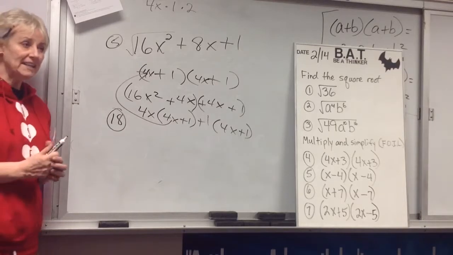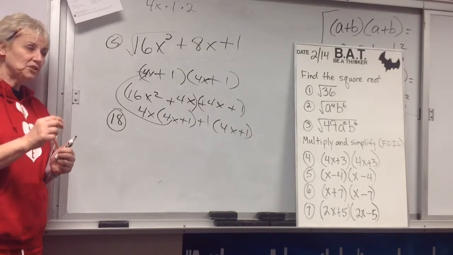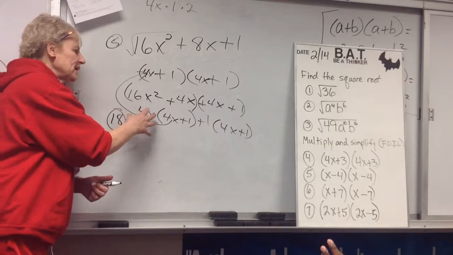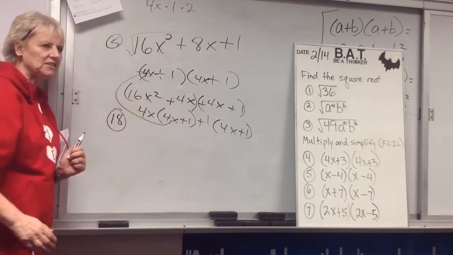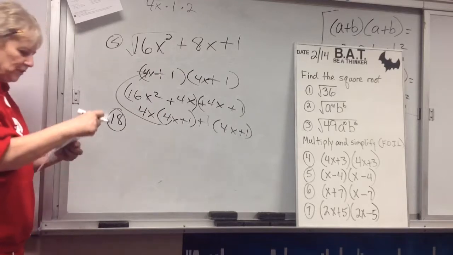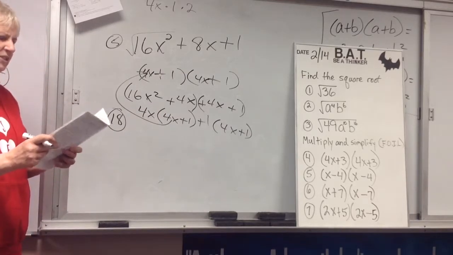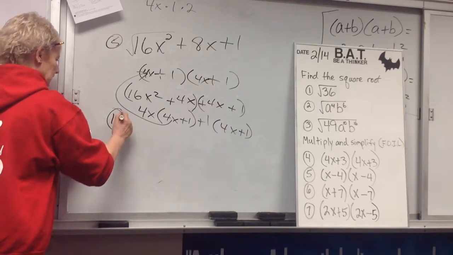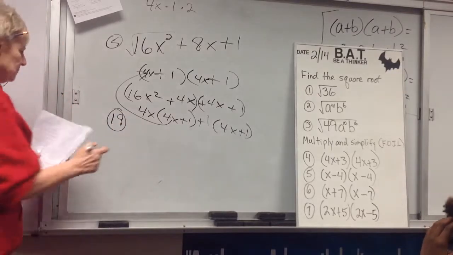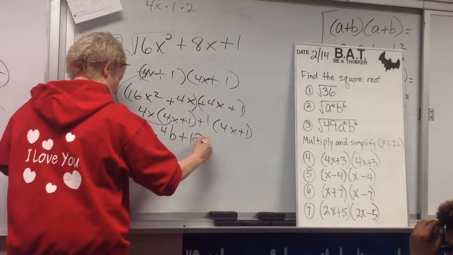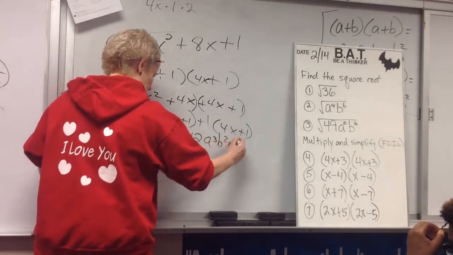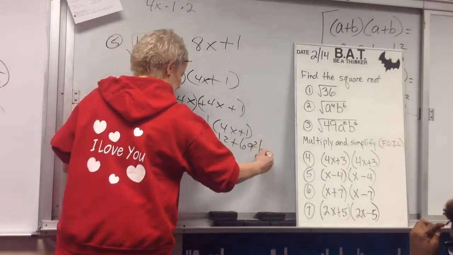When you can recognize a perfect square trinomial, you will be able to go from here straight to the answer. And let me show you number 18, or it was 19, I'm sorry, because that gave you 1, too. On number 19, 6a to the fourth... plus 12a cubed b squared plus 6a squared b cubed.